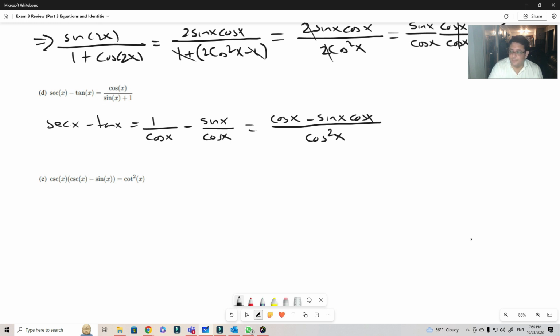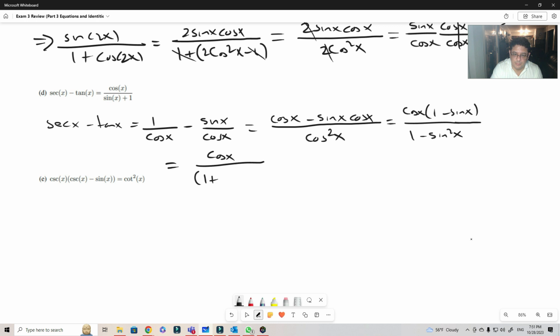Now, however, I can see cosine square of x as 1 minus sine square of x, and I can factor the cosine here, cosine of x, and leave 1 minus sine of x. So you can see that if I do the difference of squares, I'm going to be able to get this 1 minus sine of x.